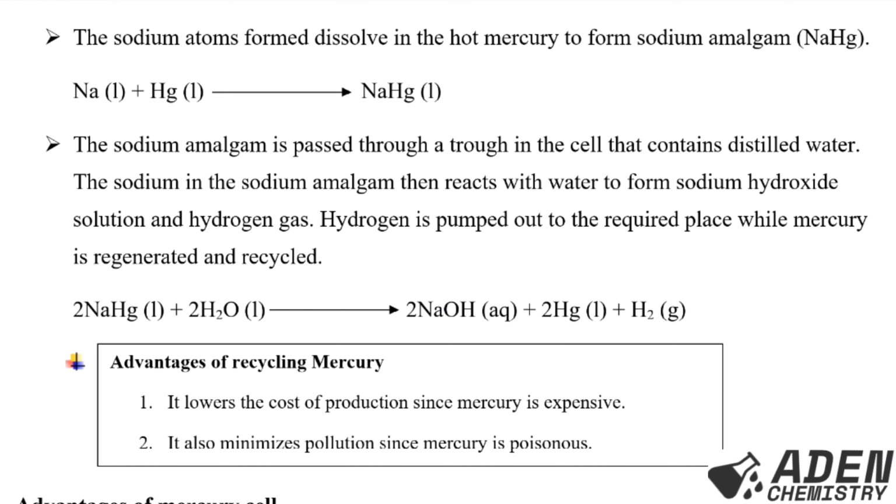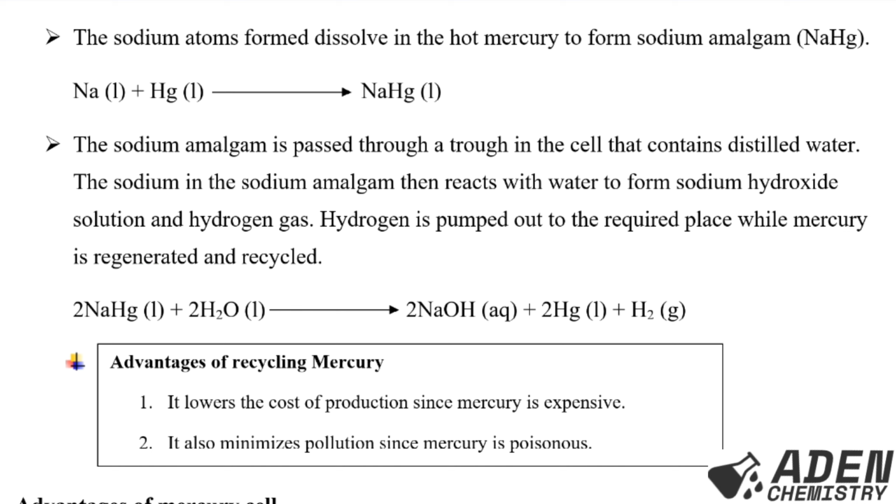So we're told next hydrogen is pumped out to the required place. What does that mean? That means hydrogen is pumped out to maybe a Haber process plant or to a hydrochloric acid plant, while mercury is regenerated and recycled.